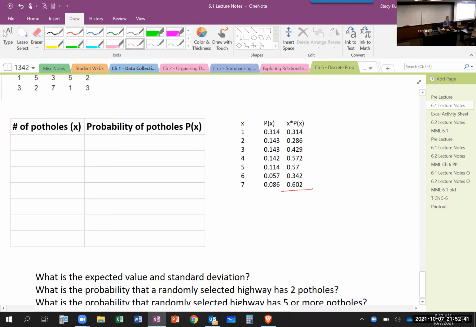And what happens when you add up that column? You there yet? What'd you get?